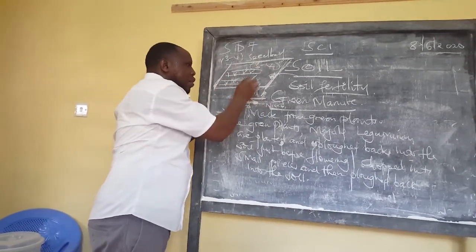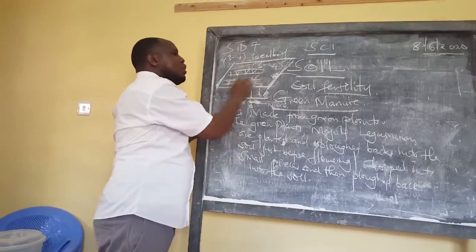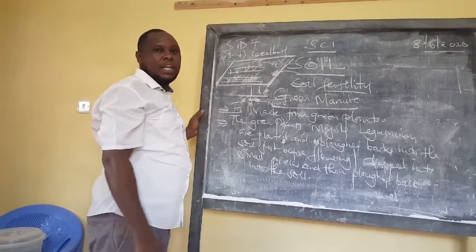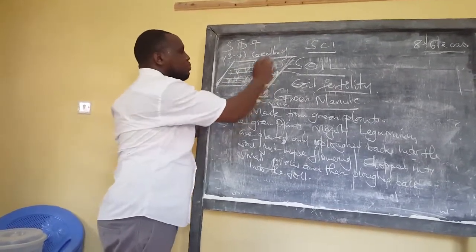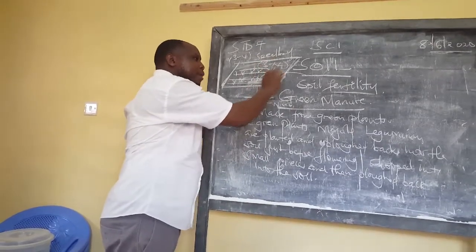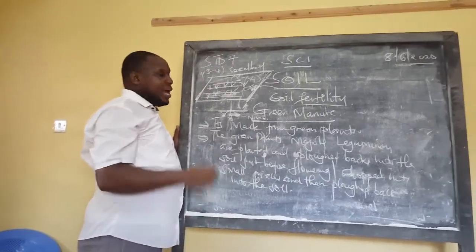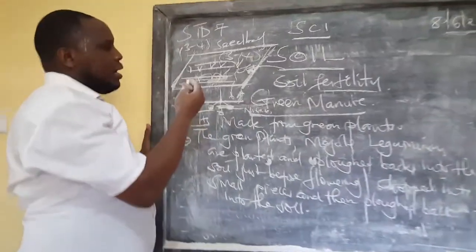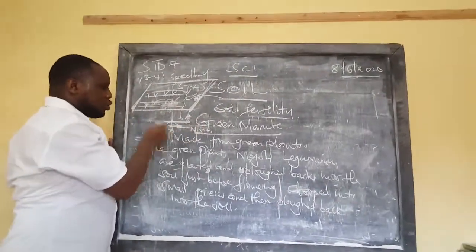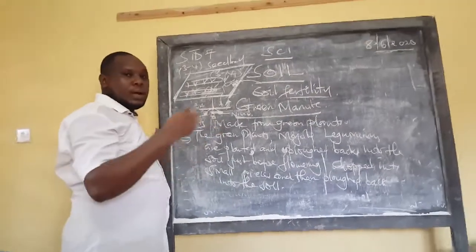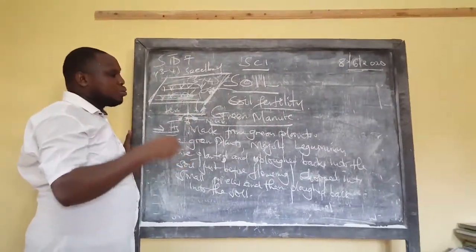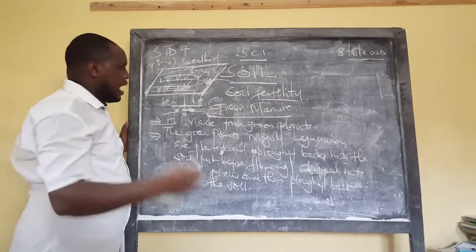The maize will grow here, and the soil will have gained nutrients that can support this maize plant to grow to maturity and produce high yields. Remember what we said in our definition? Fertile soil is soil that is able to support plant maturity and produce high yields.